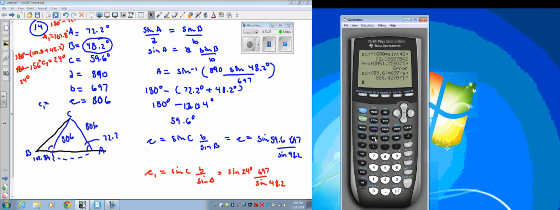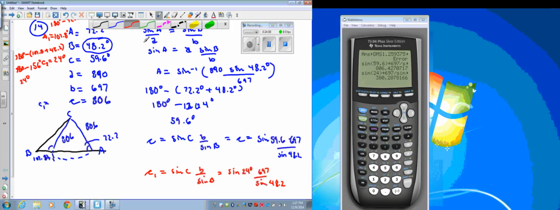So we go sine 24 times that, and that'd be 380.